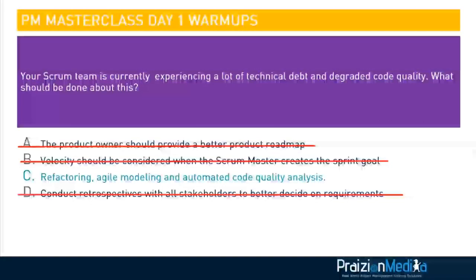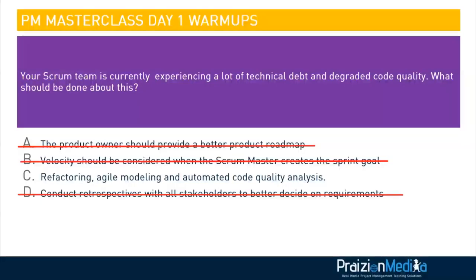That is a false statement, saying that a retrospective should be conducted with all stakeholders, because whatever you do in the retrospective needs to be within the team, the core team, the Scrum team. So D doesn't hold. And that leaves us with refactoring, agile modeling, and automated code quality analysis. And that is the correct answer.